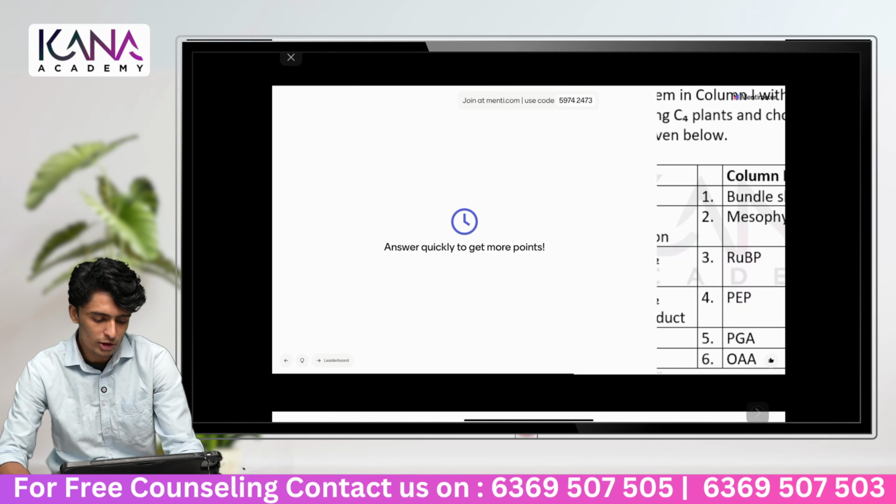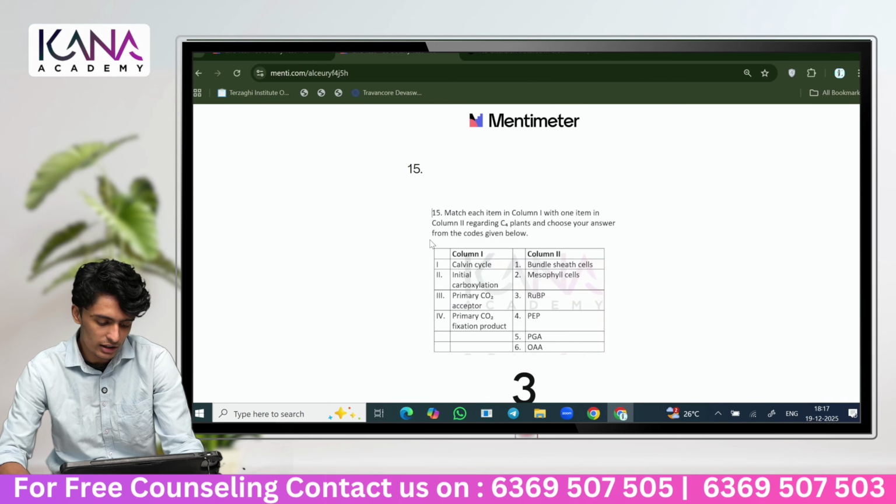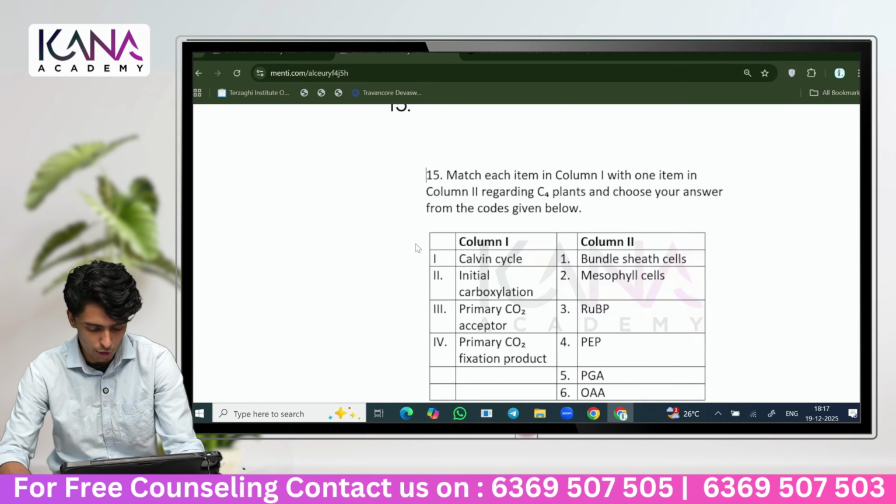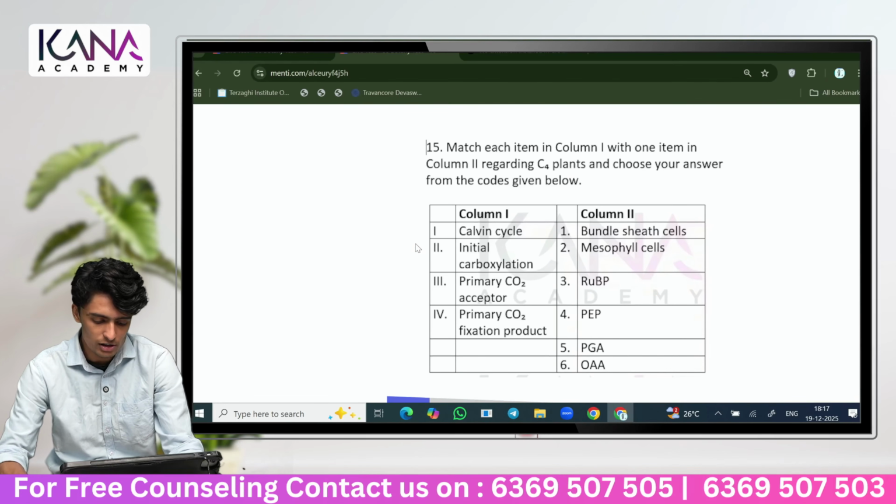Match column 1 with column 2. Column 1: Calvin cycle initial carboxylation, primary CO2 acceptor and primary CO2 fixation product. Column 2: bundle sheath cells, mesophyll cells, RuBP, PEP, PGA and OAA.